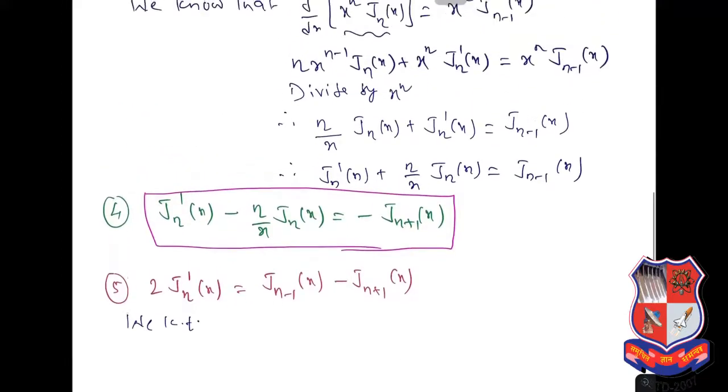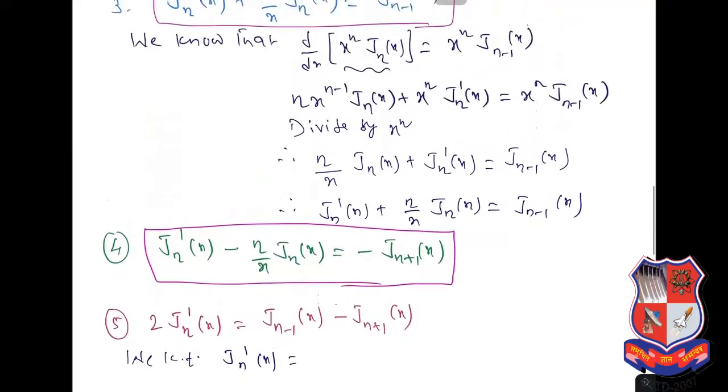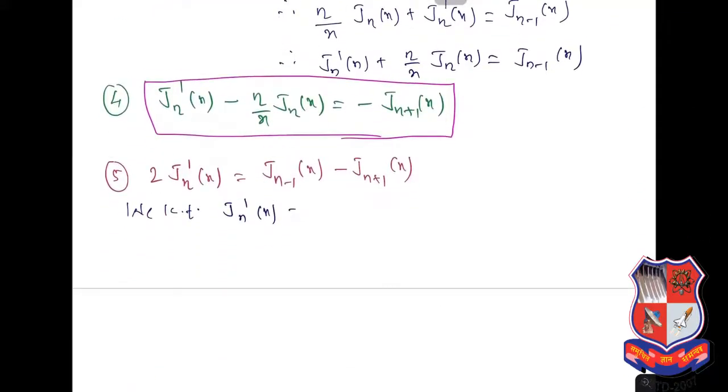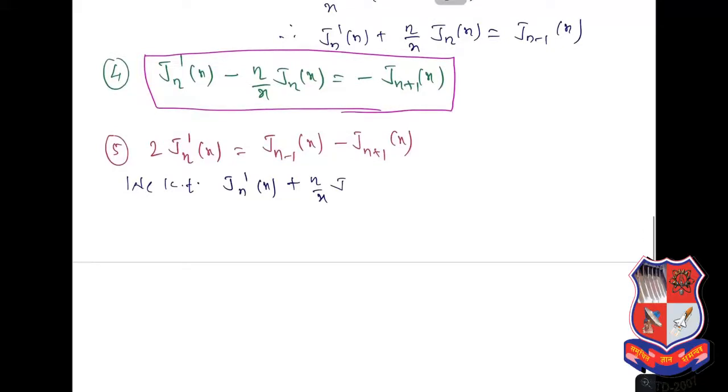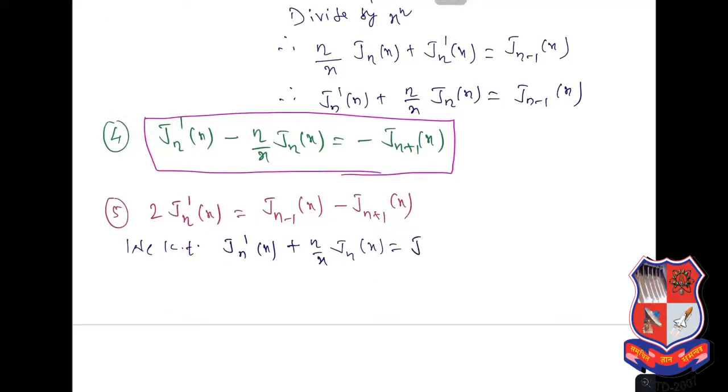So we know that this 3 and 4: Jn dash x plus n by x Jn x equal to Jn minus 1 x, and this one: Jn dash x minus n by x Jn x equal to minus Jn plus 1 x.